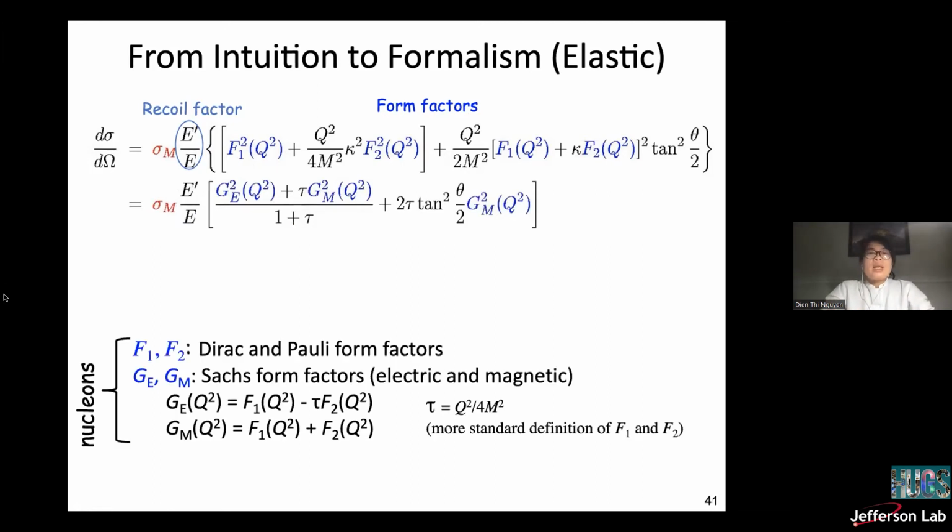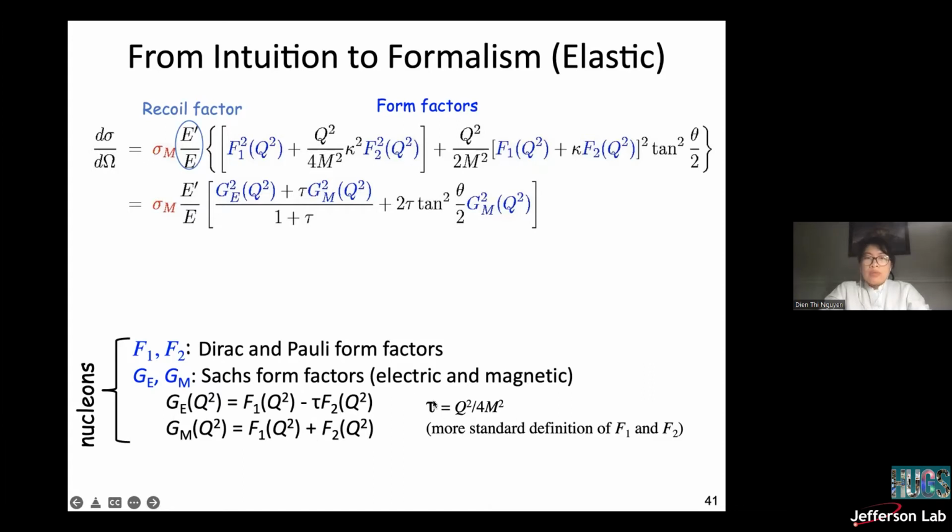F1 and F2 are called the Dirac and Pauli form factors, and GE and GM are just the form factors that carry the electric and magnetic form factor information of the nucleon. And they can be presented in terms of F1 and F2.